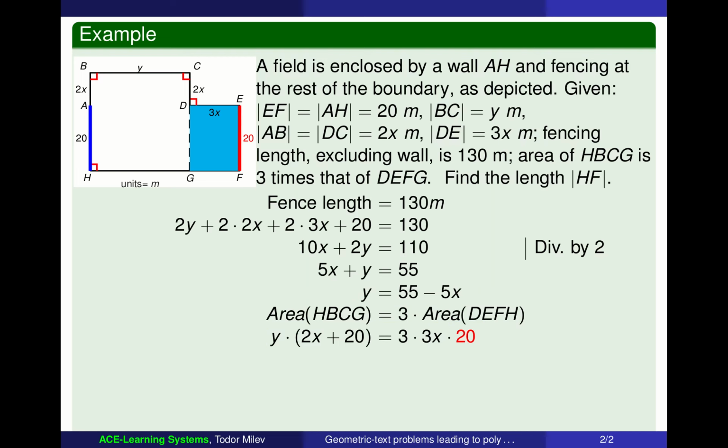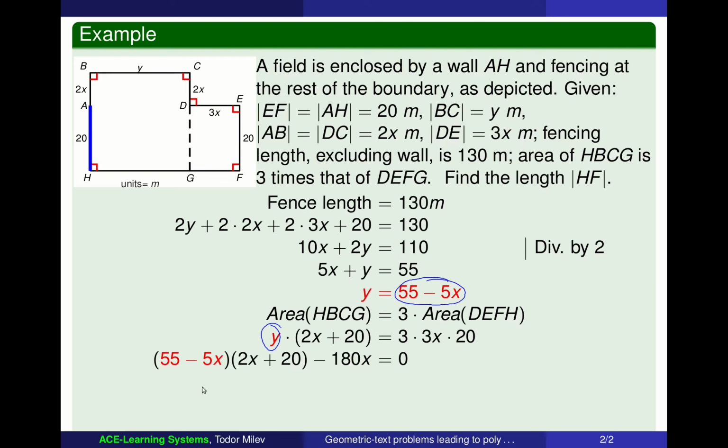All right, so how do I solve this system? Well, it is fairly clear that I can transform this system to a single equation of a single variable by simply substituting y with 55 minus 5x.